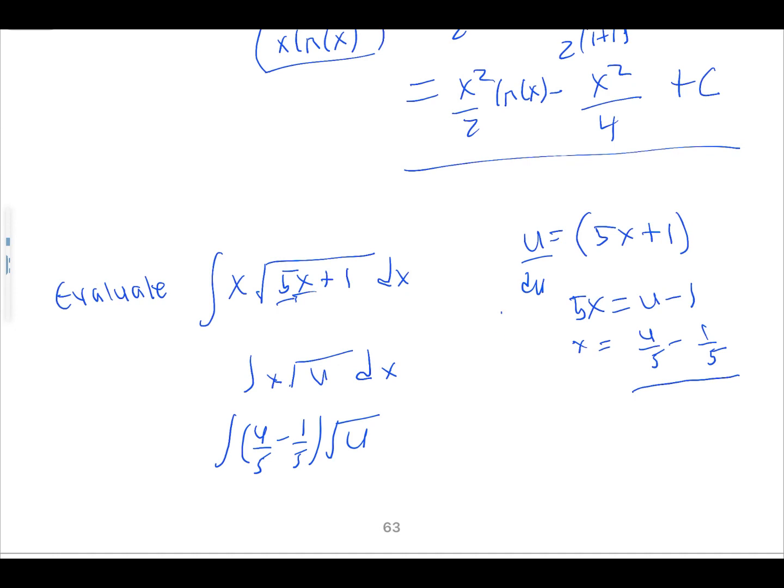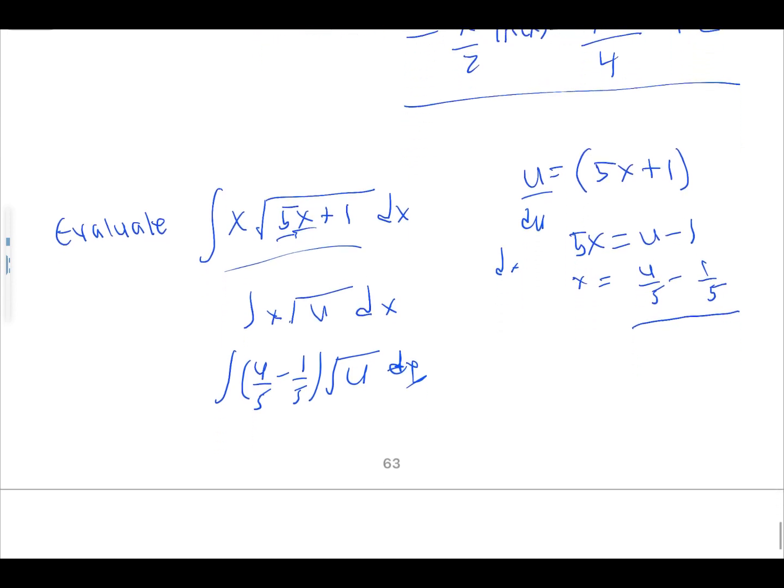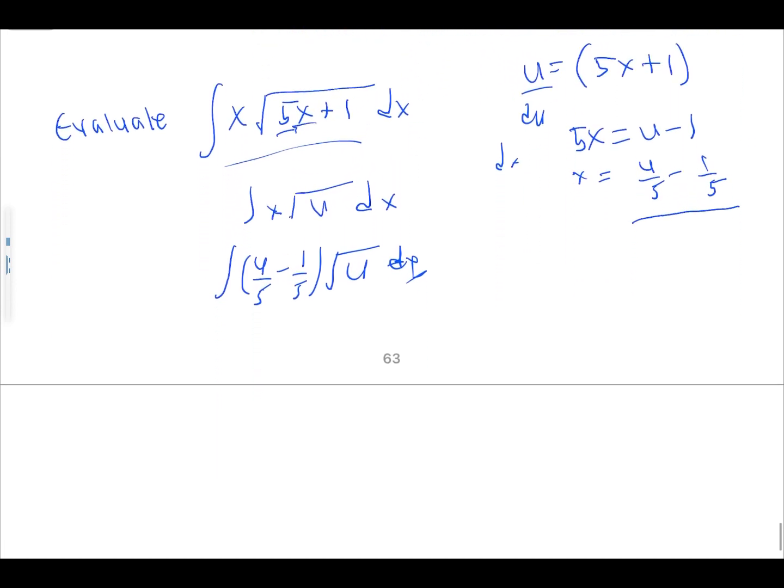And then we will find du to make dx the subject to replace the dx. This is another way of solving this one using u substitution, but it becomes a whole lot of work. To make your life easier, you can decide to use integration by parts.